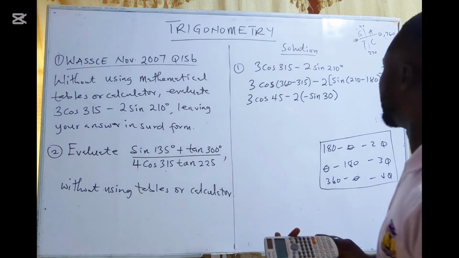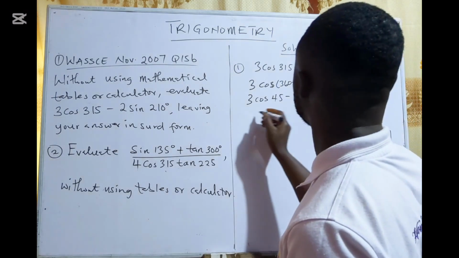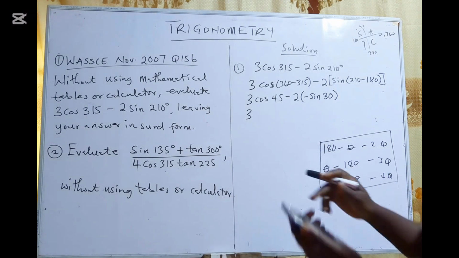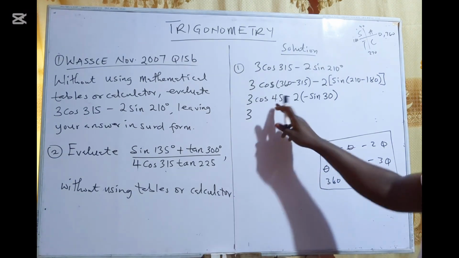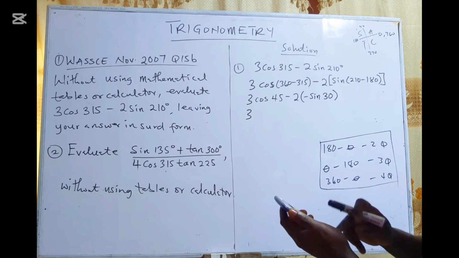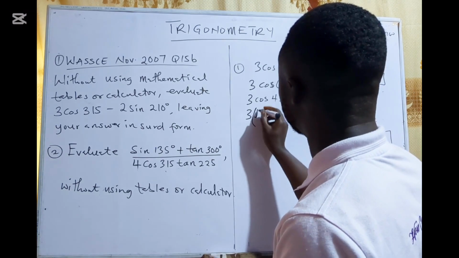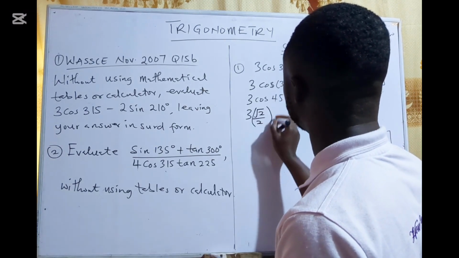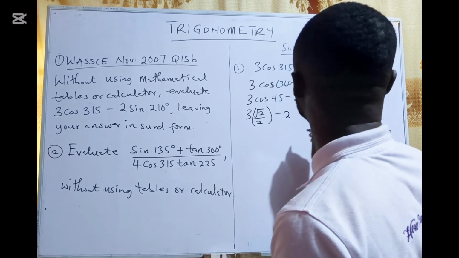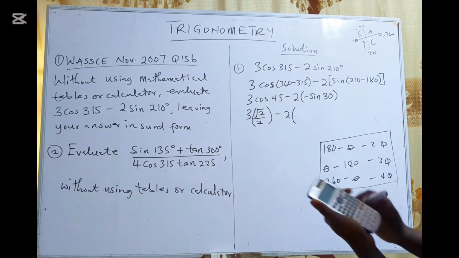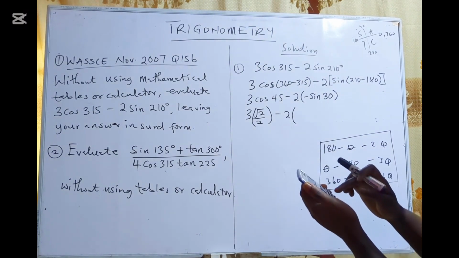So let's continue from here. Since we have been able to write it in the first quadrant, we can now find the value of cos 45 on the calculator. Cos 45 gives us root 2 on 2, minus 2, and then minus sine 30.